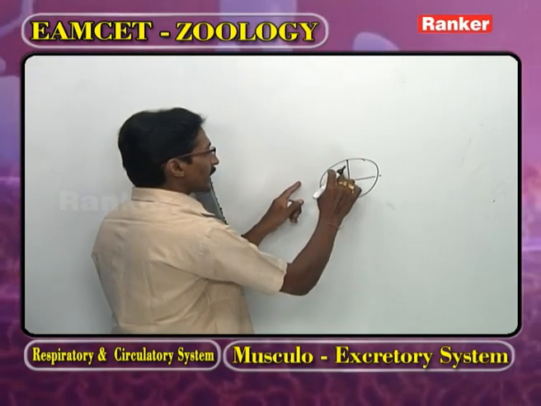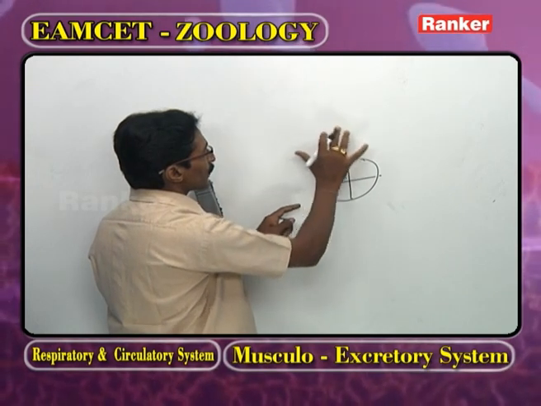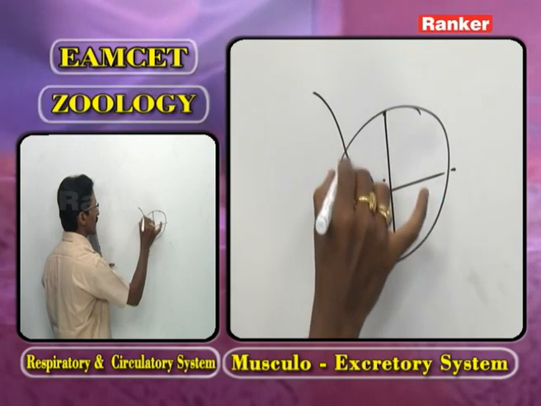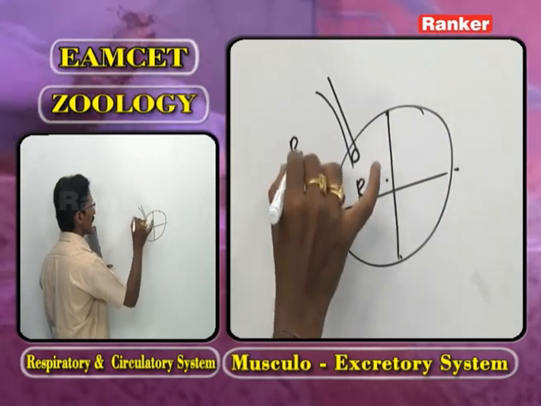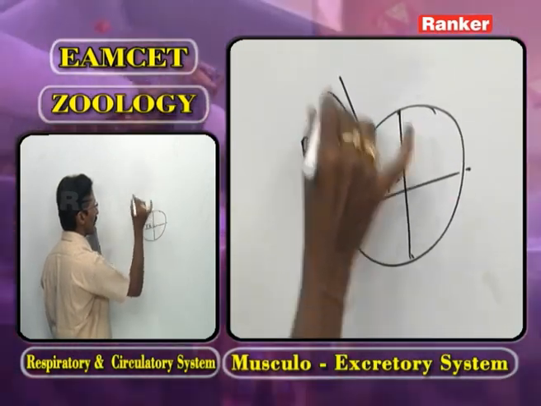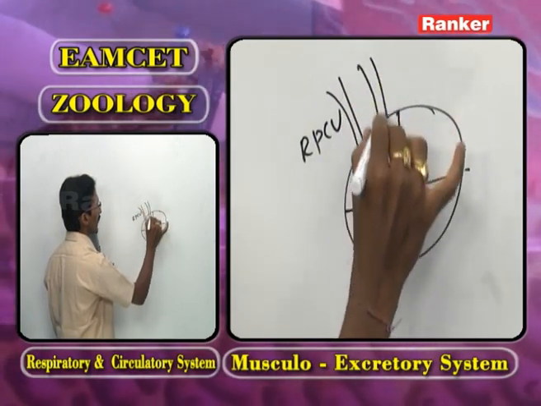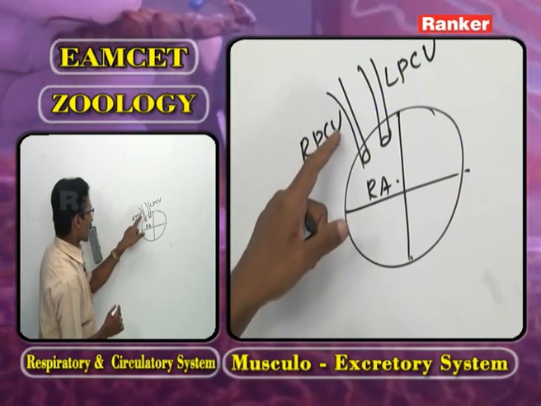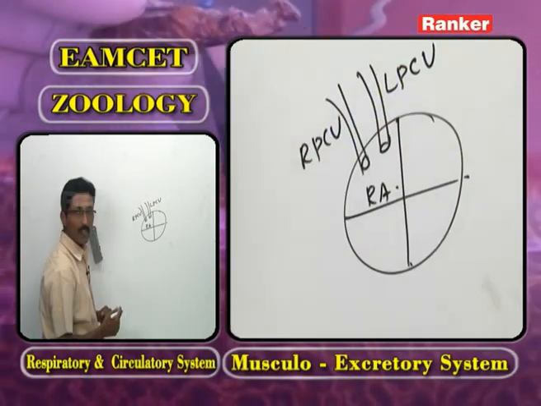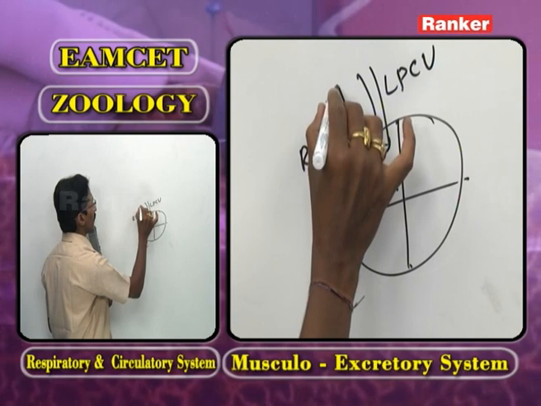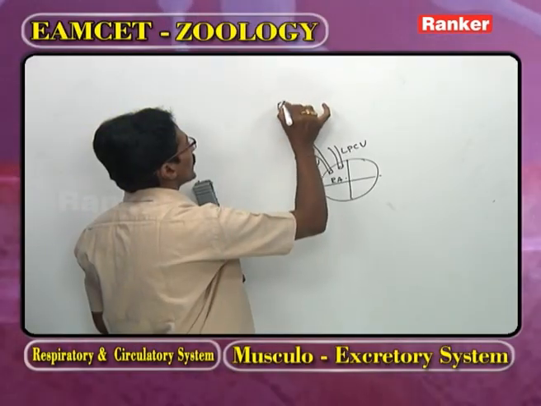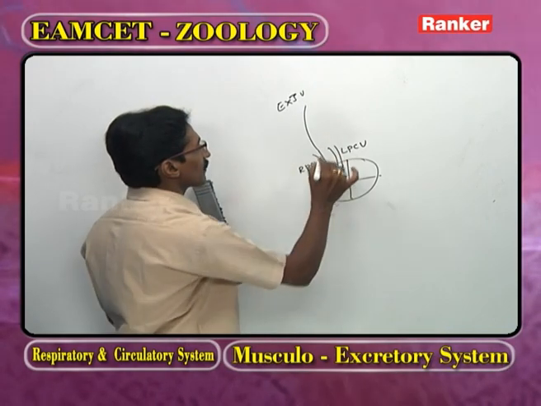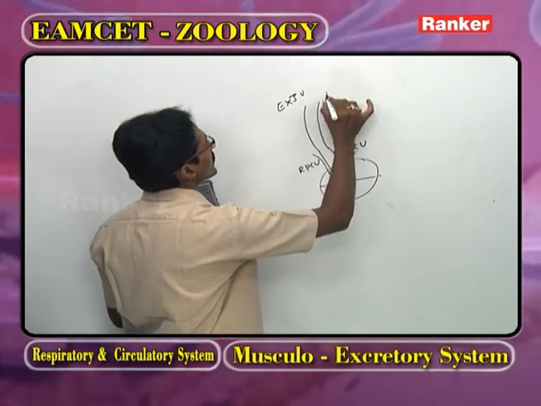The right atrium receives impure blood from all anterior parts of the body with the help of the right precaval vein and left precaval vein. This is right precaval vein, left precaval vein. In the right precaval vein, what is present? External jugular vein.